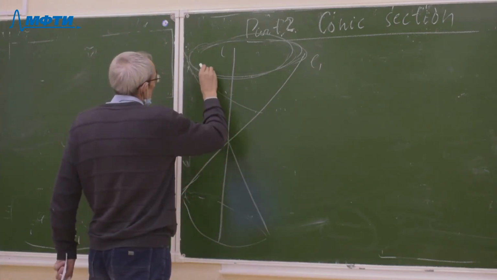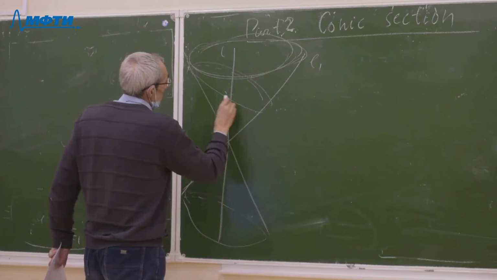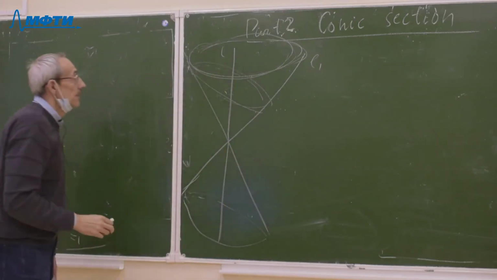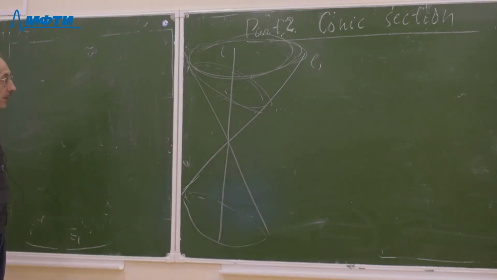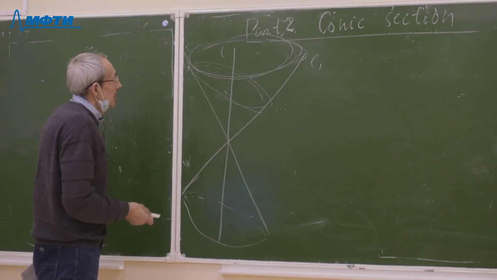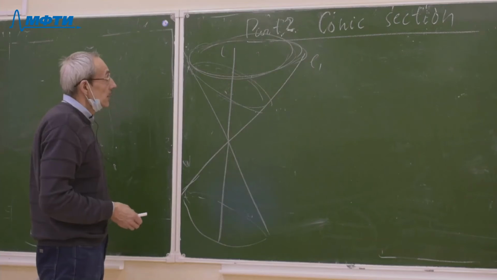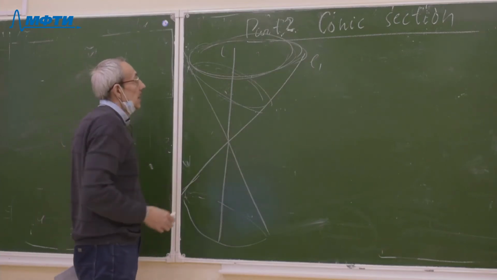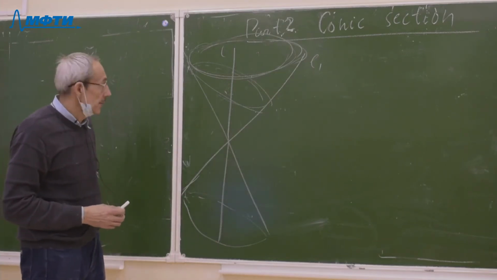If we consider more slope of this plane, the intersection of the plane and the cone is some curve. This curve is called an ellipse.